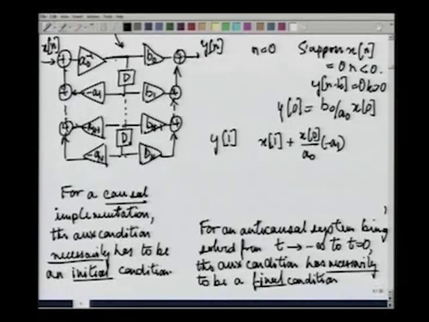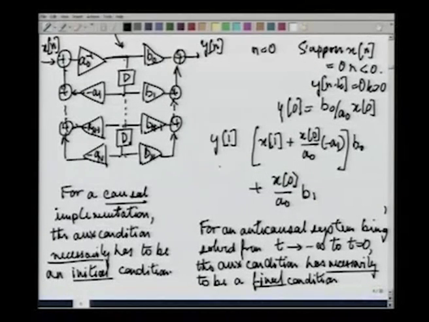That is what we have over here, and this gets now scaled by this quantity b 0 and then gets added to x 0 by a 0 multiplied by b 1. This then is y 1. This is the value of y 1.